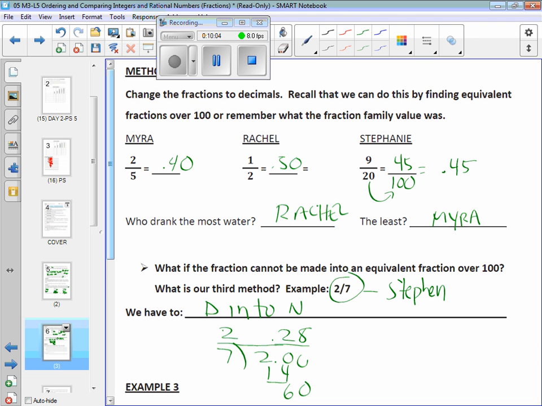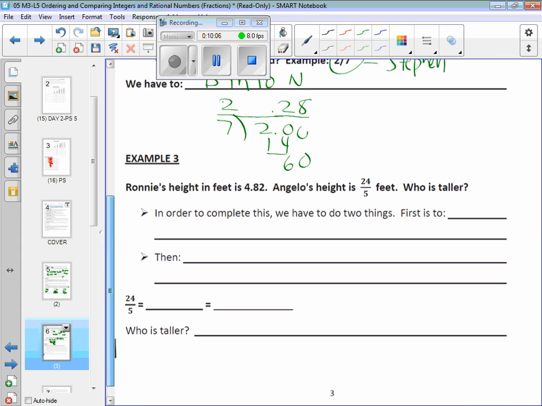Let's look at example 3. Back on track, let's take a look at example 3. Read it quietly to yourself and tell me how this is even more different from what we've been doing. What do you notice? Brigitte, what do you got? Yes, we have an improper fraction, right? So what do you have to do first?